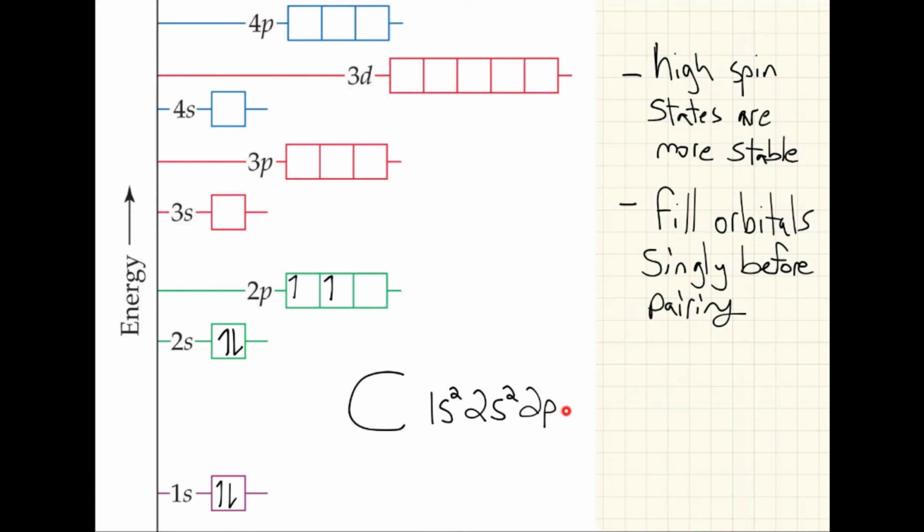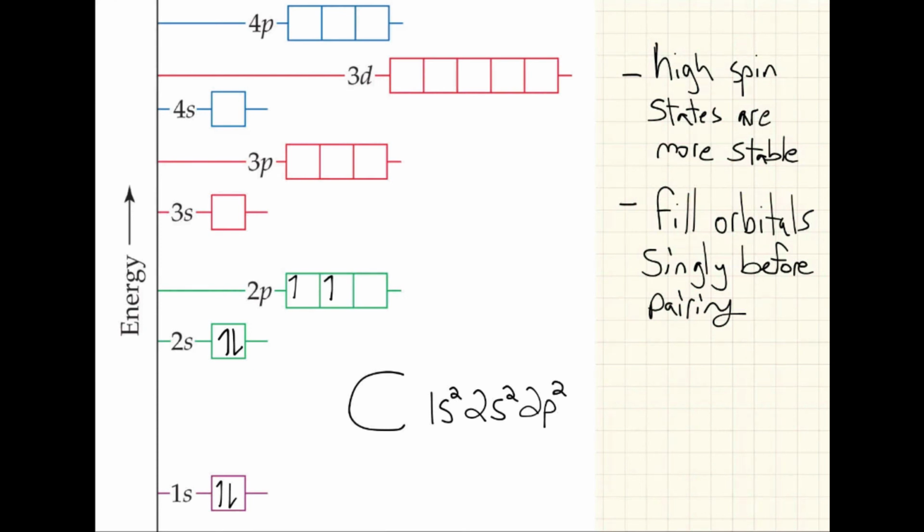So there's no need for me to write 2p, 2p, 2p, or 2px, 2py, 2pz. All the degenerate orbitals get lumped together as what is called 2p. And if I check my diagram, I can see, of course, I have two electrons there. So just like I had two in all the others, I have two there as well. And that is my electron configuration for the carbon atom.